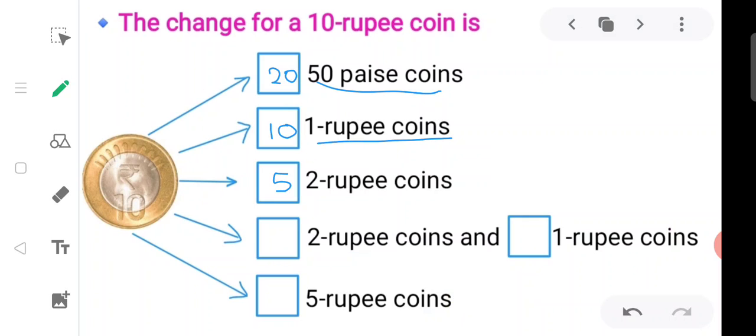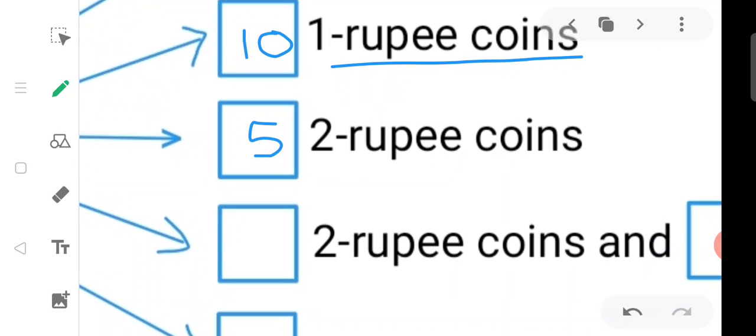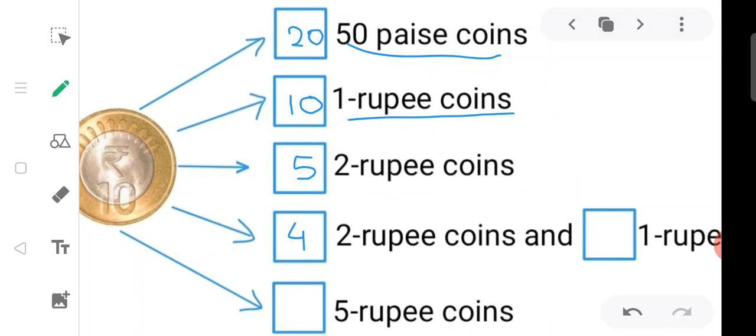Now, how many coins of 2 rupees and 1 rupee do we need for 10 rupees? If we take 4 coins of 2 rupees, 4 twos are 8, and if we take 2 coins of 1 rupee, that is 2, 8 plus 2 is 10.